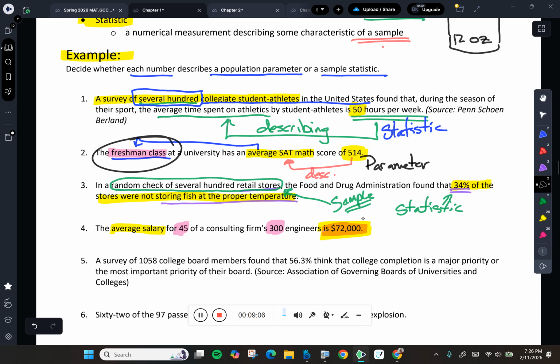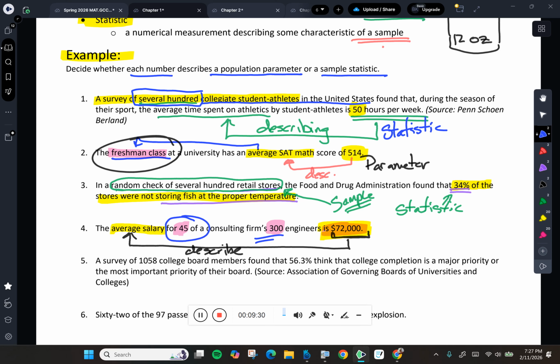So the number that's attempting to describe something is that 72 grand. And what is it attempting to describe? Well, it's attempting to describe that average salary. Okay? Where do we get that number?